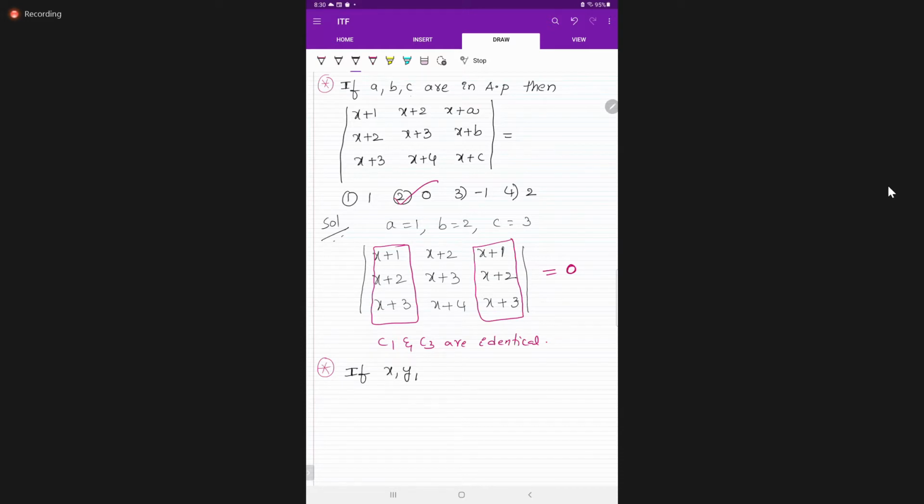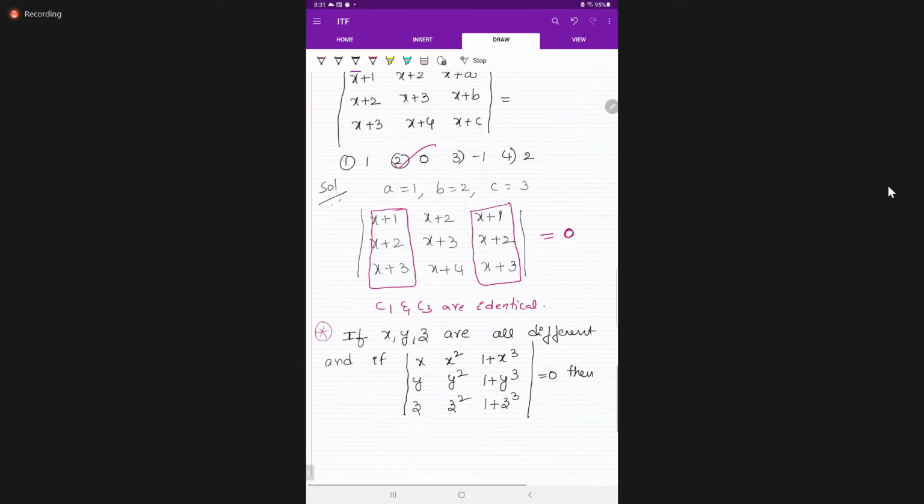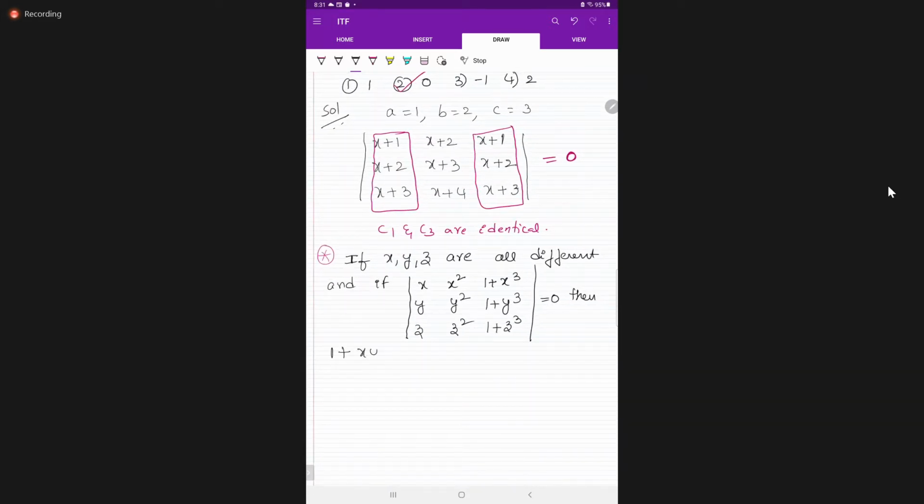If x, y, z are all different, and if the determinant of x, x square, 1 plus x cube; y, y square, 1 plus y cube; z, z square, 1 plus z cube equals 0, then what is the value of xyz?